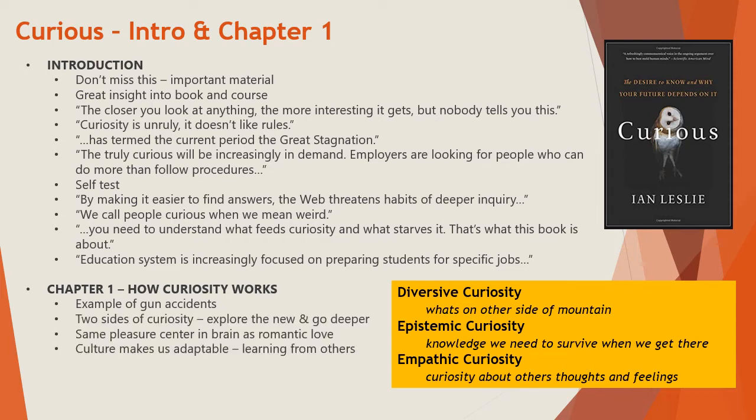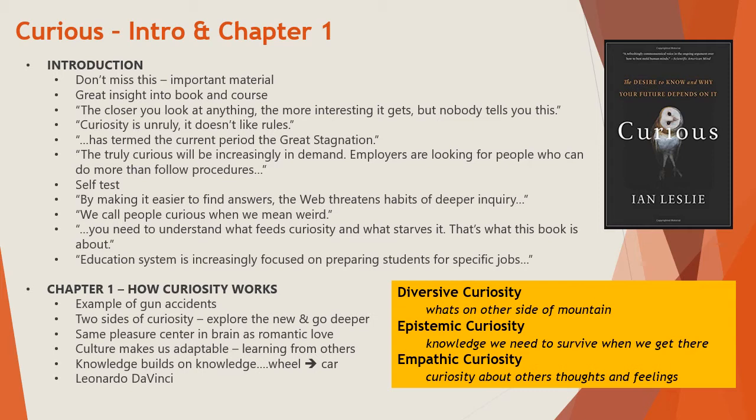How Curiosity Works, chapter 1. Great examples in here. When I first read this chapter, the two examples initially given seemed so different to illustrate a similar point. He talks about the example of gun accidents and how powerful curiosity is.